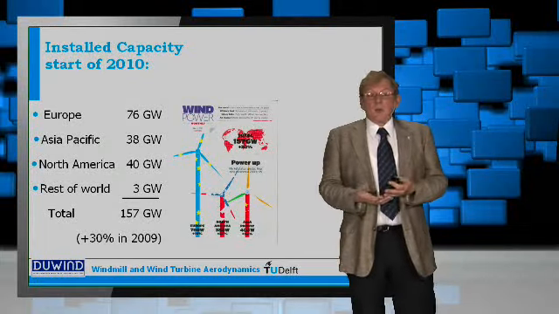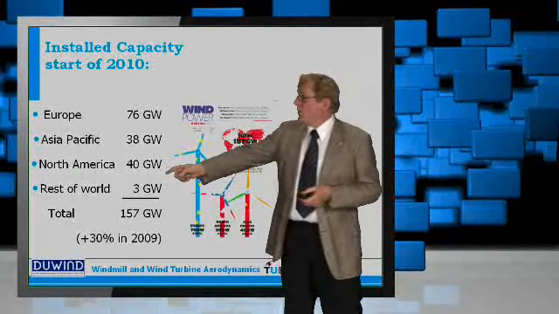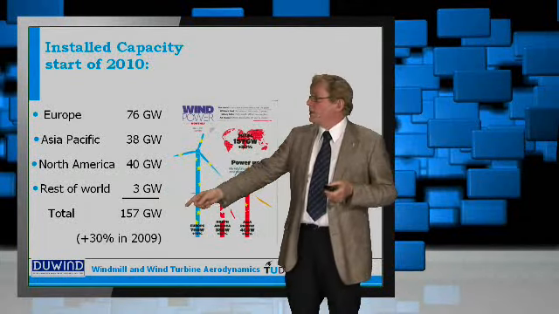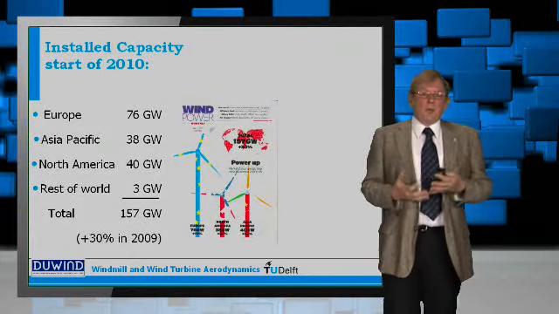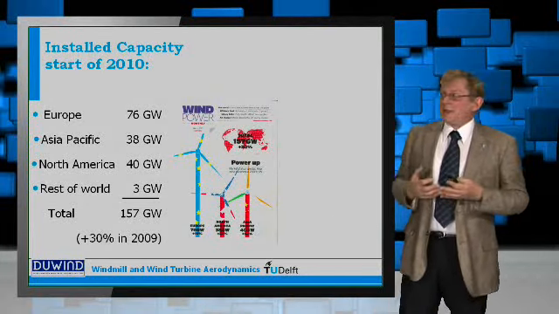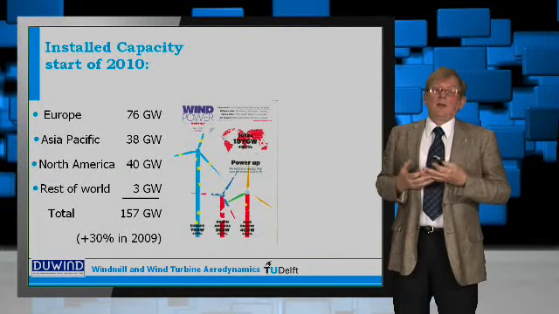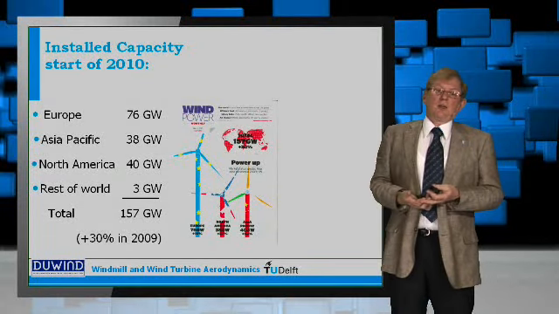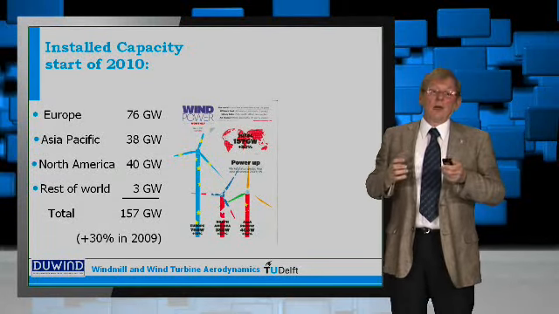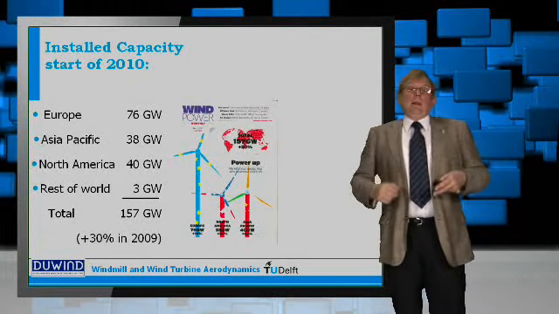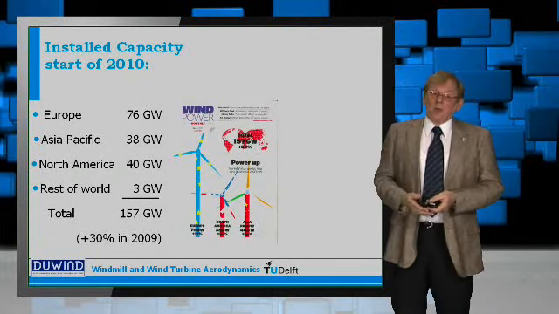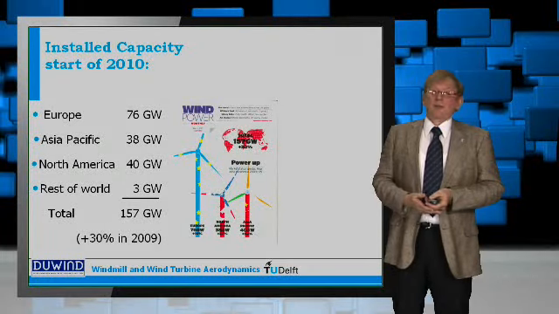And at the moment we are around, you can see it over here, 175 gigawatts, which actually means that the installed capacity is the same as, let's say, 160,000 megawatt power stations. So we have 157 power stations up and running, and next year it will be 30% more. So it goes very fast.